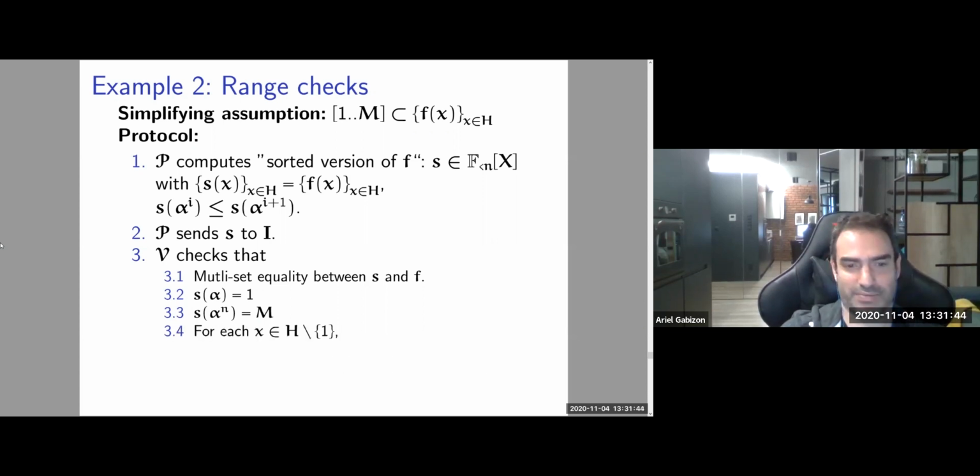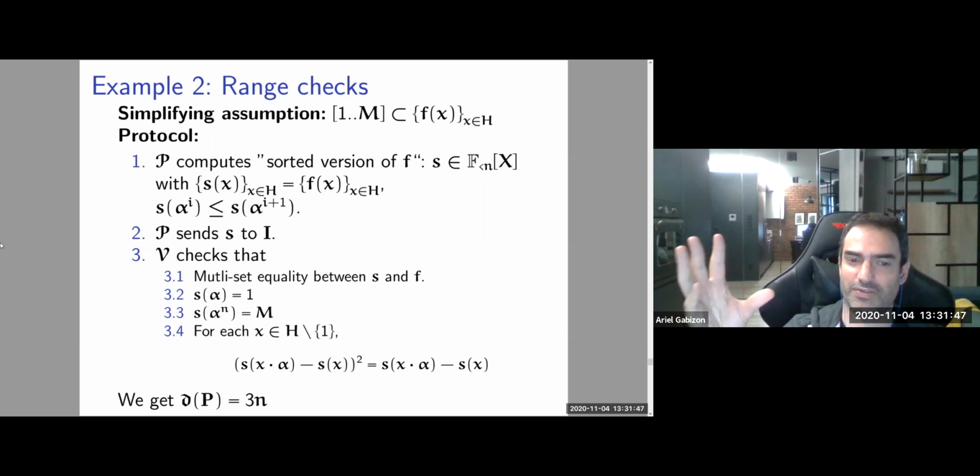And now V is going to check that each time we go forward to the next value, it changes by either 0 or 1. Since we're out of time, I'll wrap up. The reason this was easy is because we assumed that the values 1 to m are already in F's values.